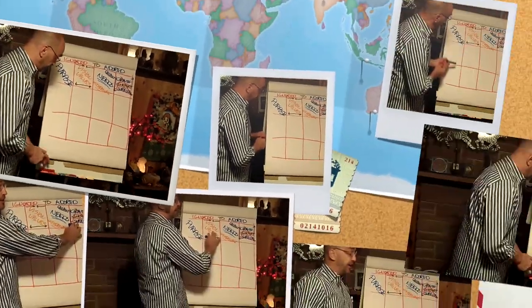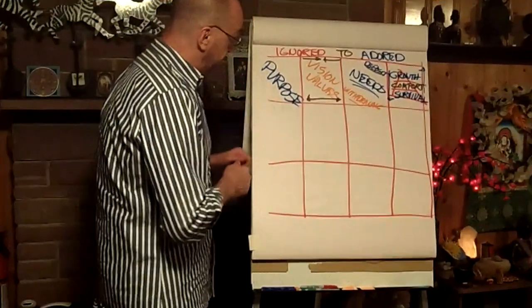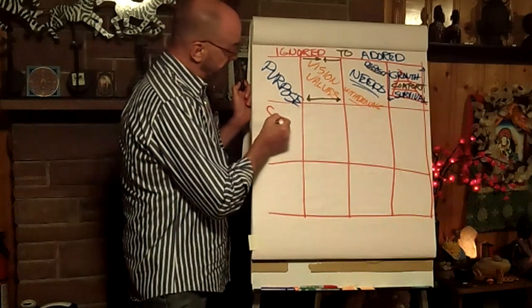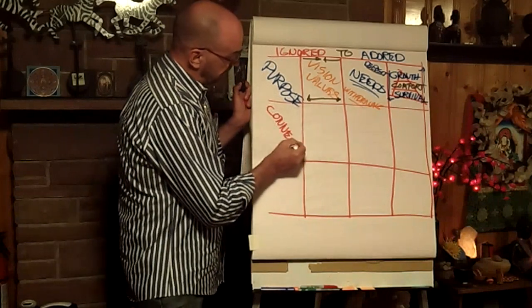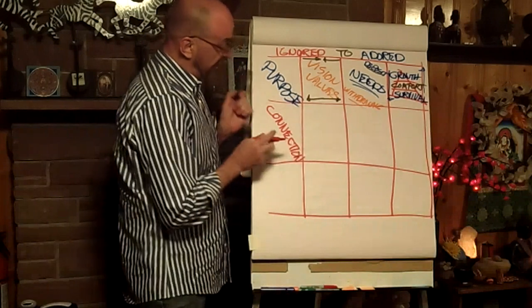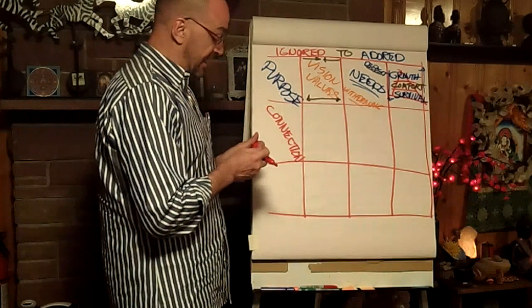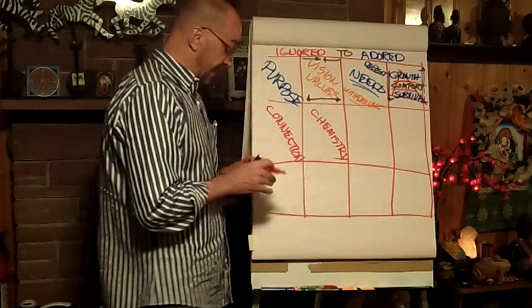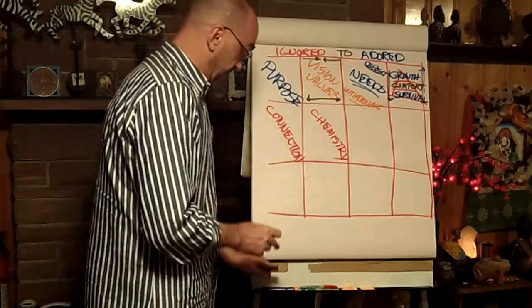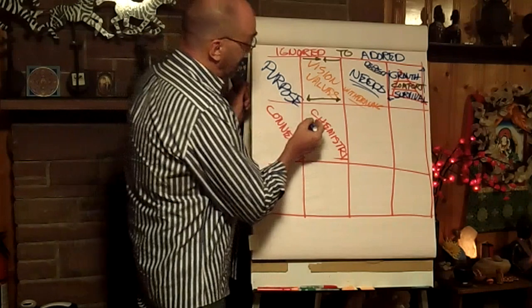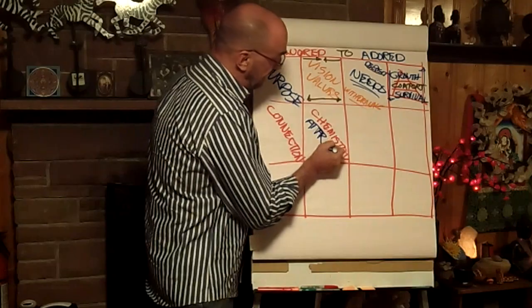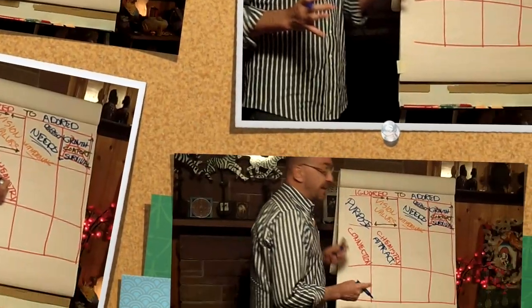Do you want growth? Then we get down here to this next group, and I'm going to call this one connection. The first block here in connection is chemistry and attraction.